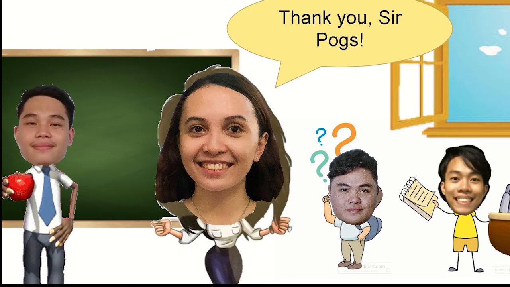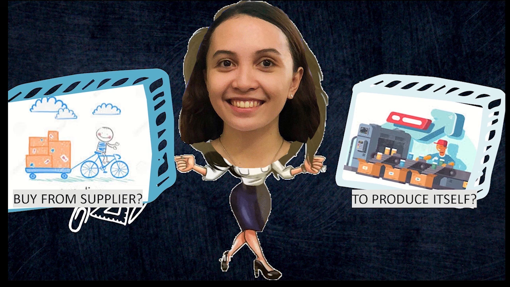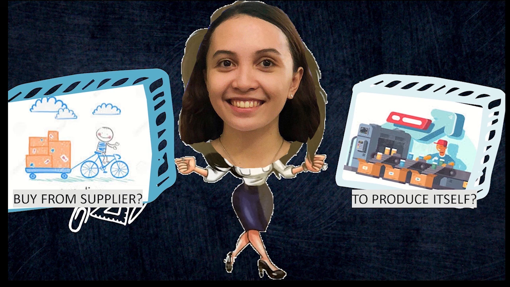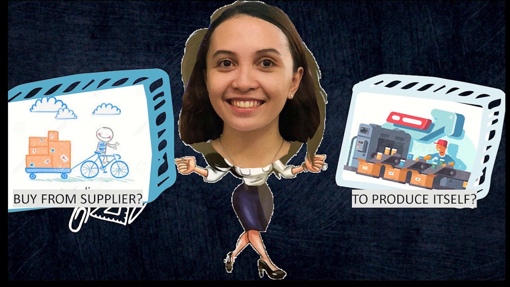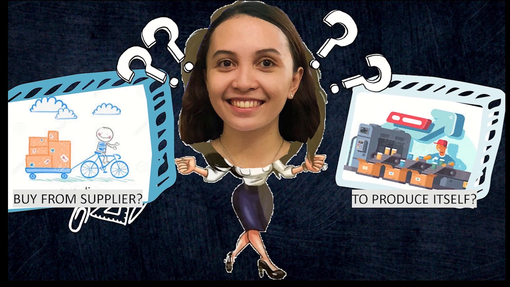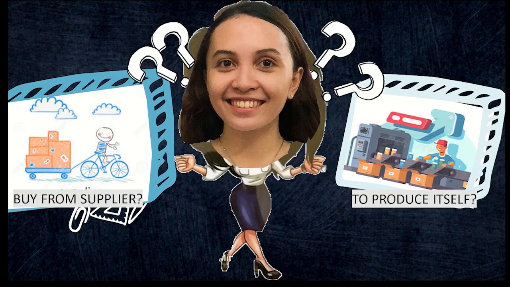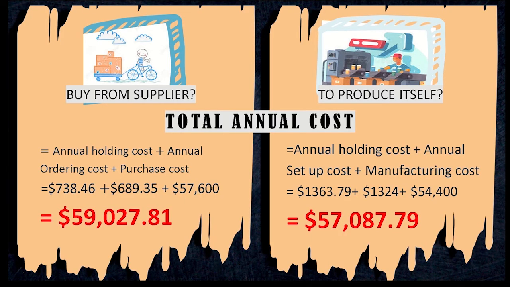Thank you, Sir Pogs. Since we already have the answers for the three important costs, we can now find out whether the company will buy a part from its supplier or produce it for itself. For you, class, which is going to be the right choice? So here is the tally for our total annual cost. By simply adding the three important costs, we can now derive our total annual cost.